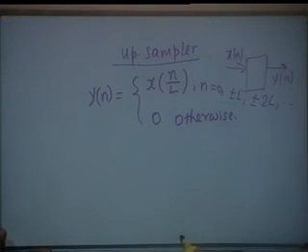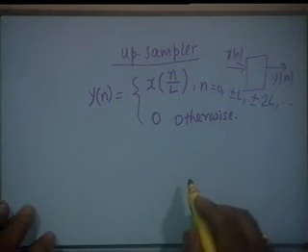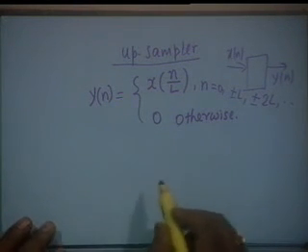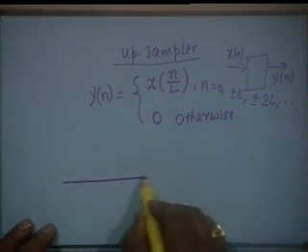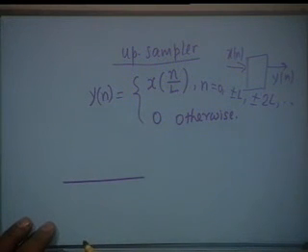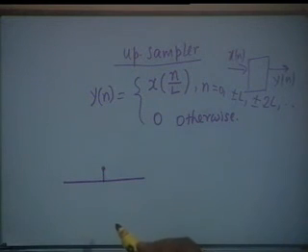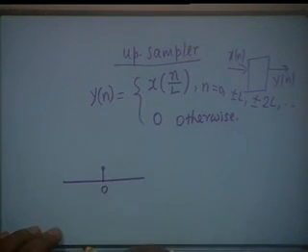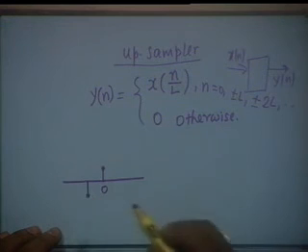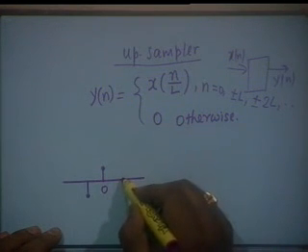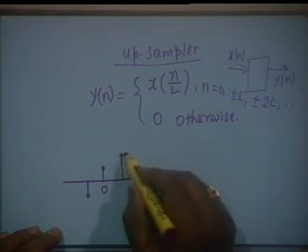What does it do? What does an upsampler actually do? Let's look at a typical signal and see what an upsampler does. Suppose at 0 we have a 1, at minus 1 we have minus 1, and at plus 1 we have, let us say, 2.